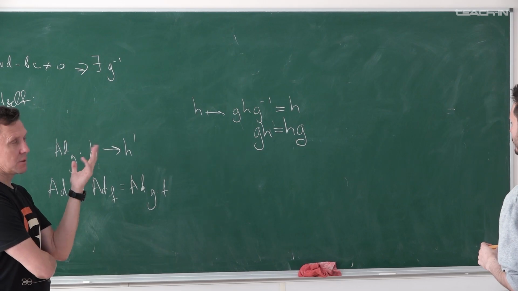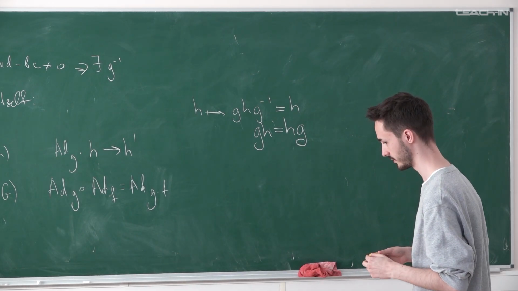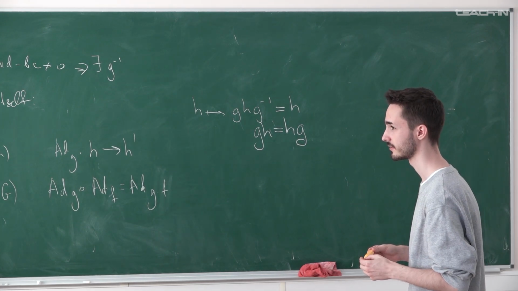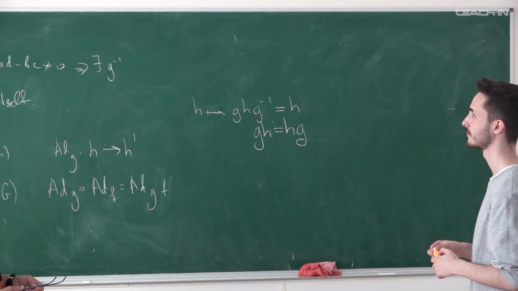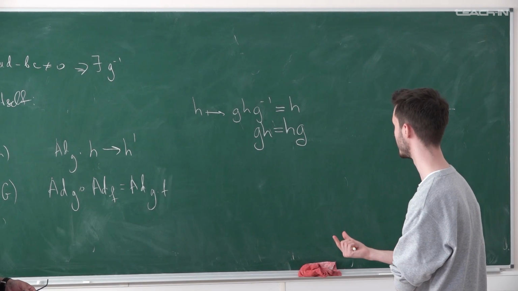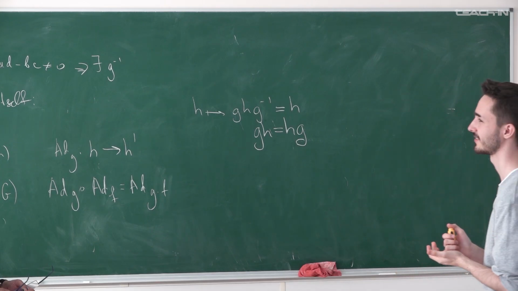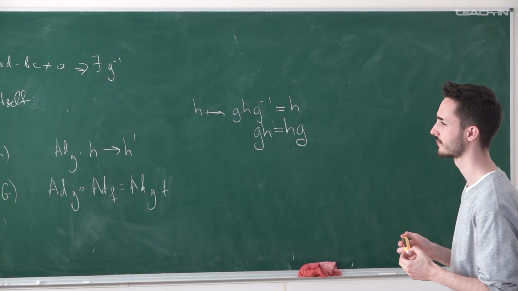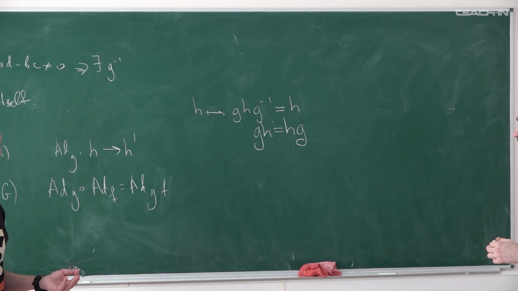What could it be in GL2? We're describing orbits. You see, in each orbit you can find a canonical Jordan matrix. It's a way to distinguish different orbits, to find in each orbit some special elements.